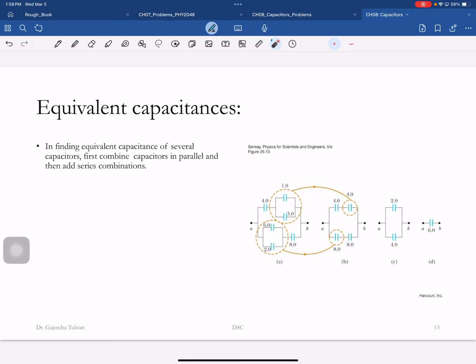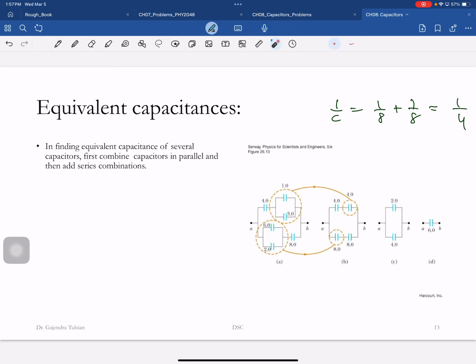So here's what you do. These two are in parallel, so the net is just the sum of these two. That's 40. That's 4. These two are in parallel, so you reduce it one step at a time. So 6 plus 2 is 8. Now these two are in series, and the way you add series capacitors is 1 over 8 plus 1 over 8 equals 1 over 4.